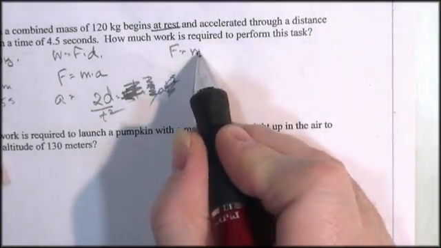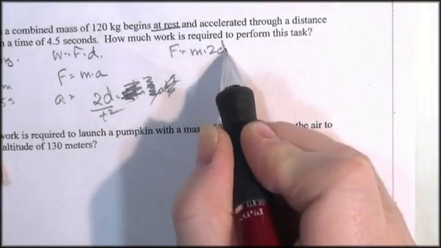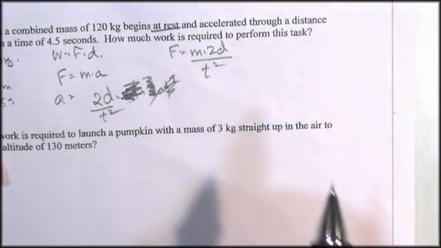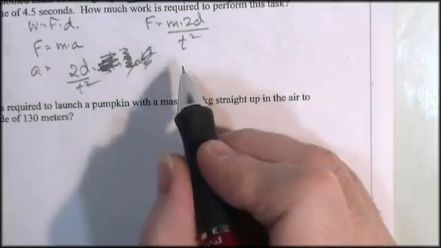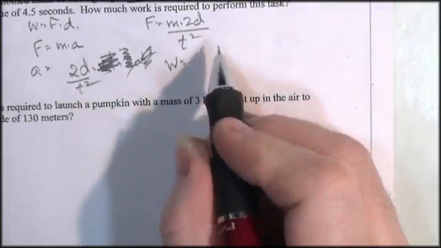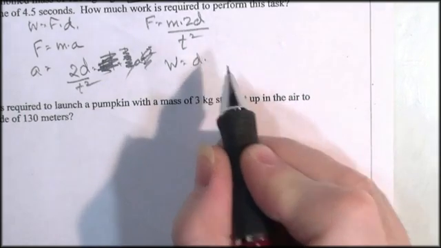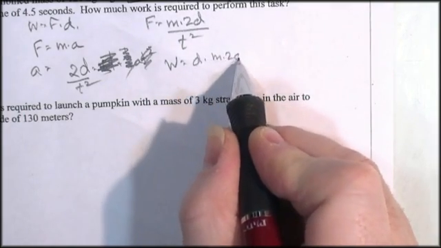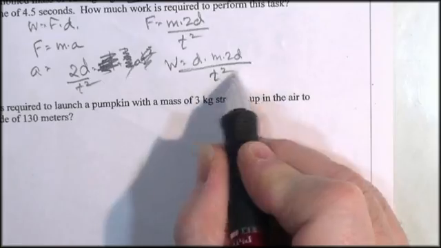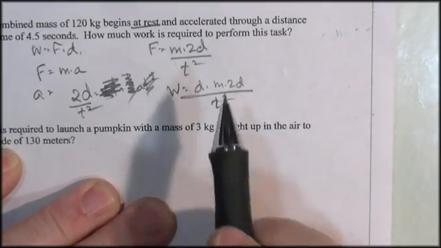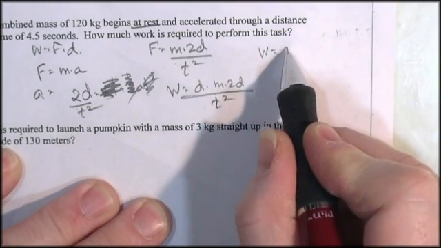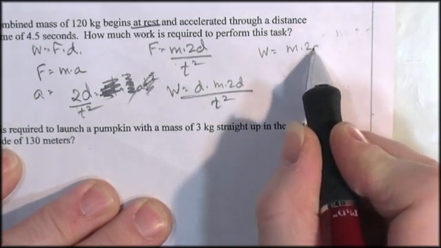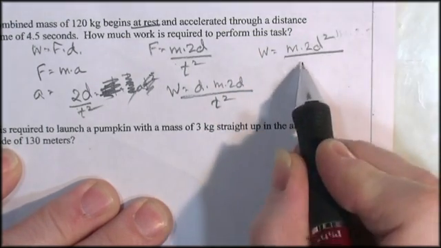Force is equal to mass times 2d over t squared. And I substitute that in the work equation, and I can write work is equal to distance times mass times 2d over t squared. If my math skills are good enough, I can just combine these, and I can say that the work is equal to mass times 2d squared divided by t squared.